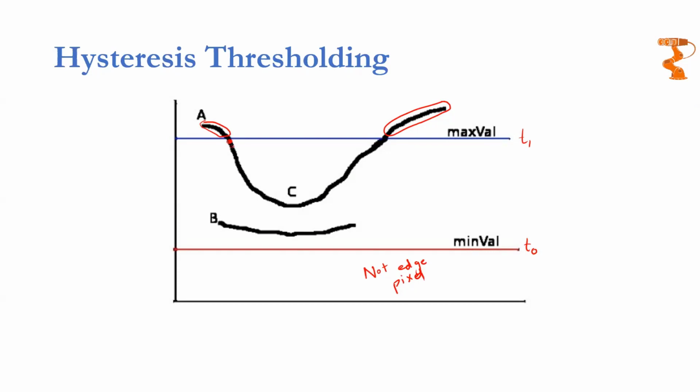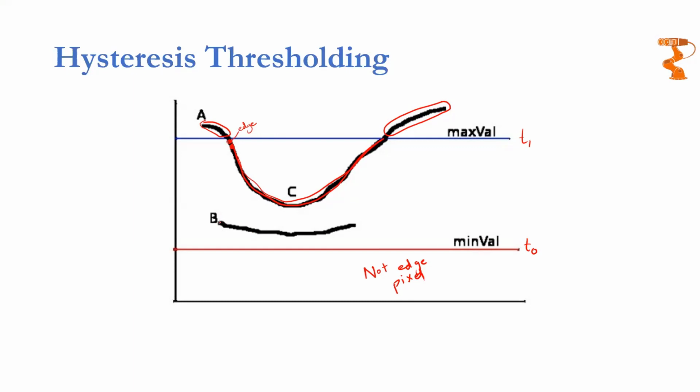Now we will move forward and come to this pixel. Once again, this pixel has an already marked edge pixel, this one, so we will mark this pixel as an edge as well. In a similar fashion, we will keep on moving, and we will label all these pixels as edge pixels.